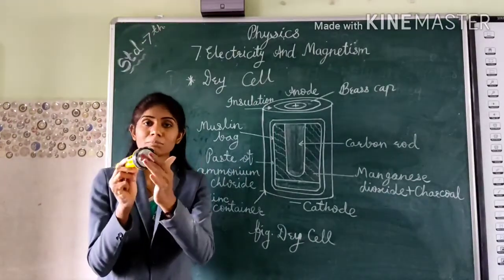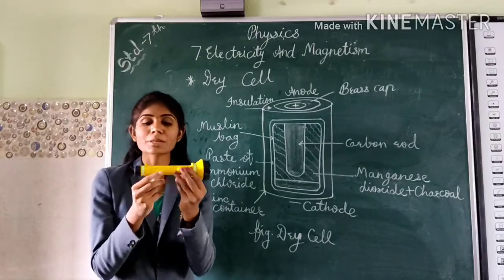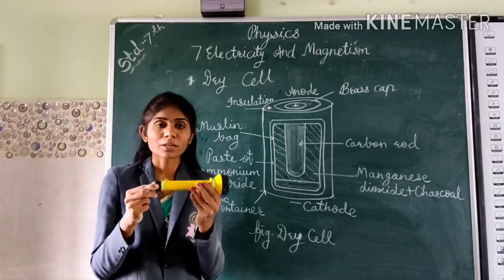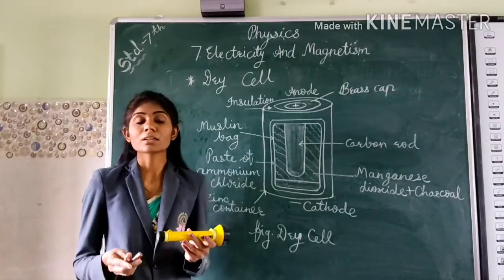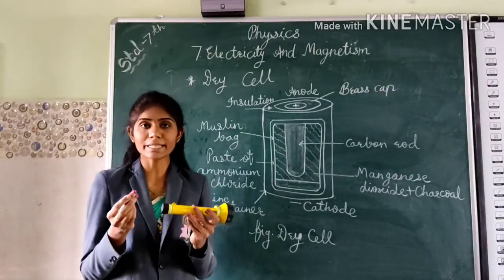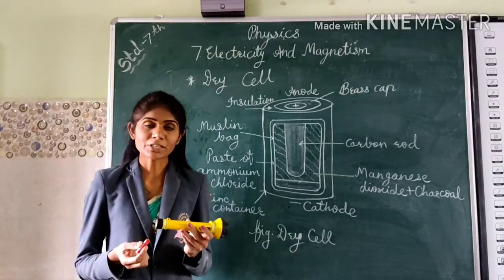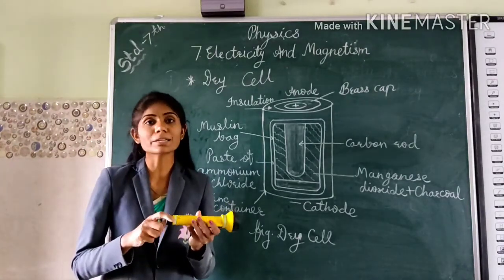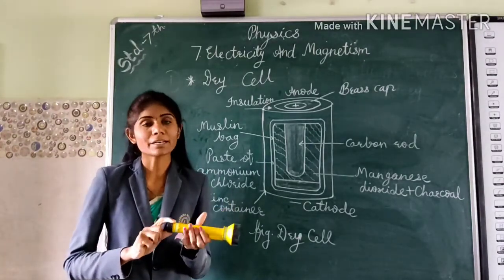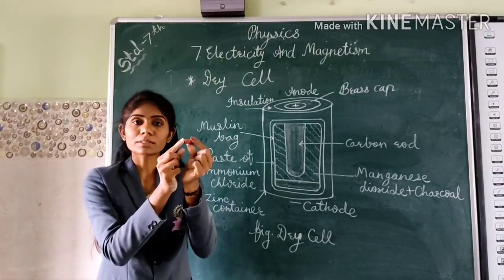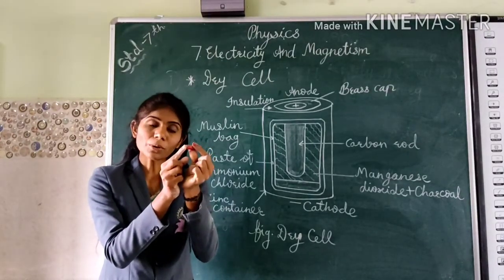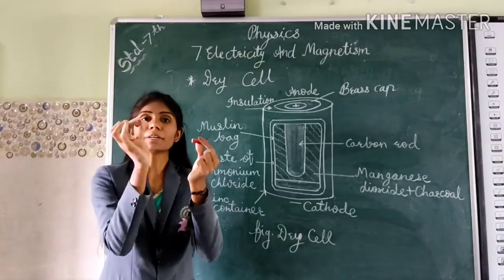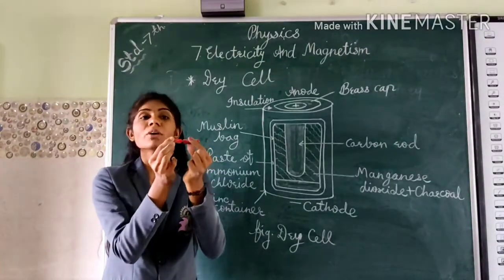This is the bulb, this is a switch and this is the cap of the torch. Whenever we insert two or more dry cells inside the torch, we have to insert them in such a way that the negative end, or cathode, of one cell touches the positive end of the other cell.